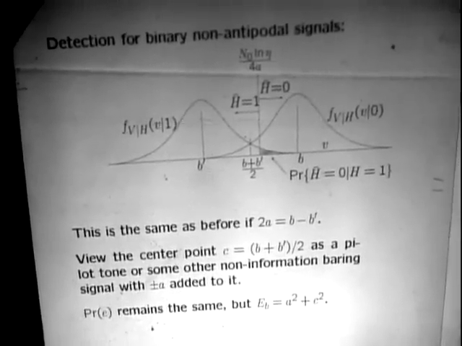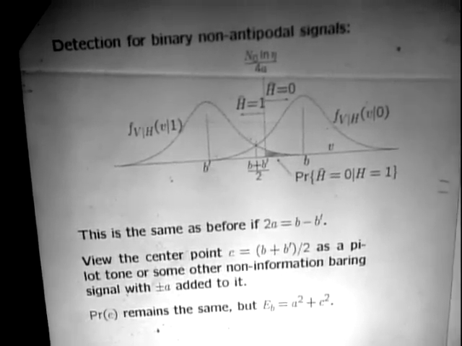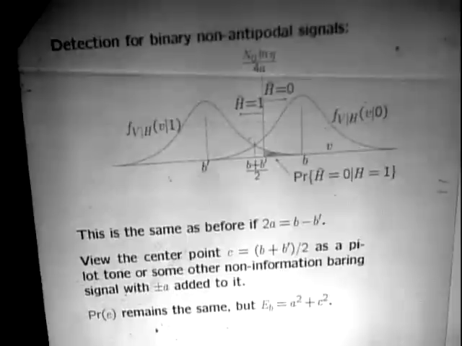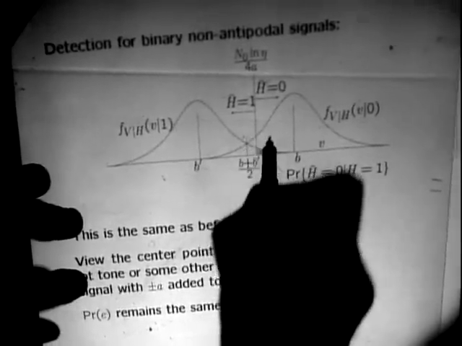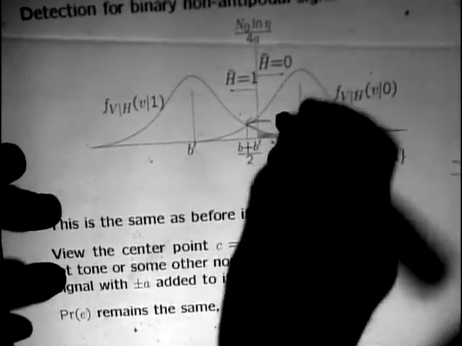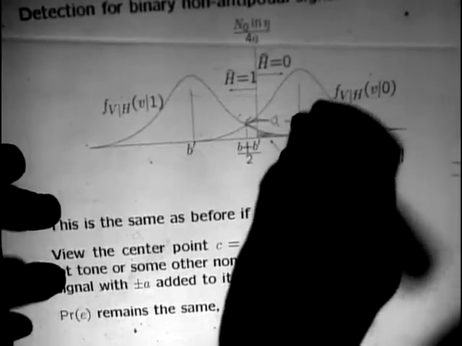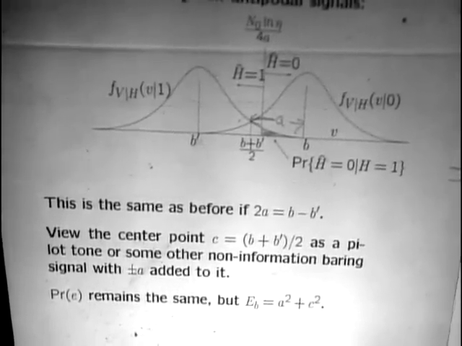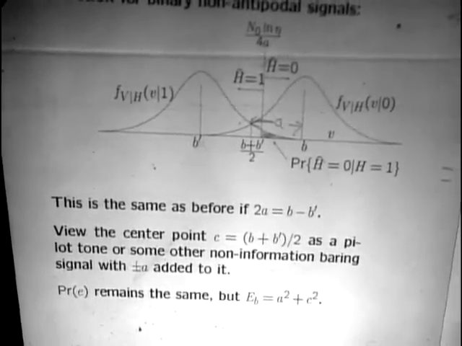And if I then define a as this distance in here, the probability of error that I calculated before is the same as it was before.